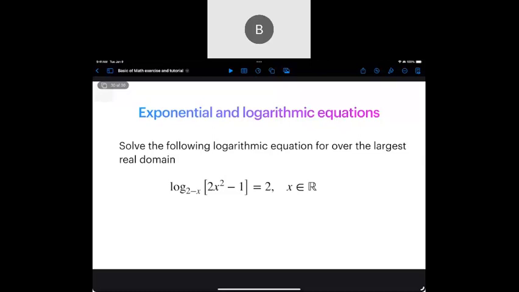The largest domain means the possible domain of this equation. I mean, it's basically the domain itself.